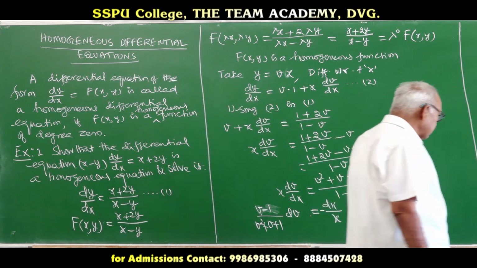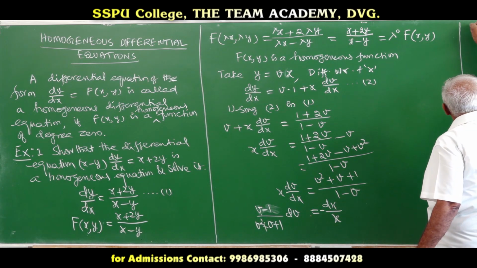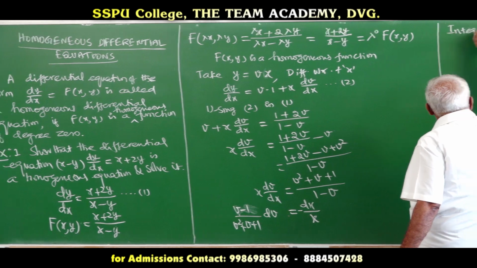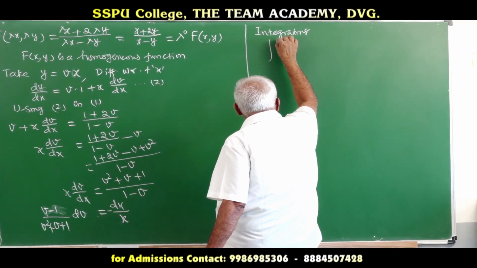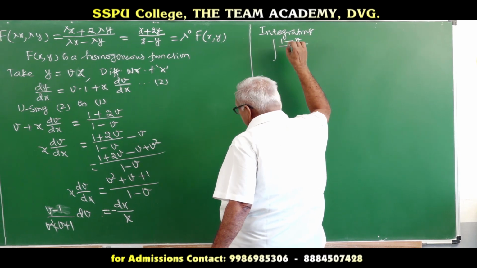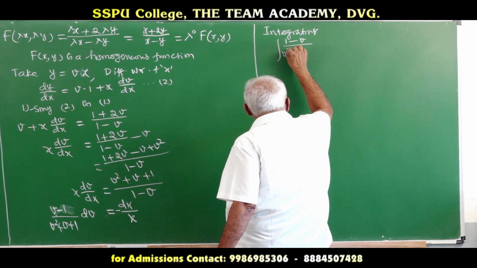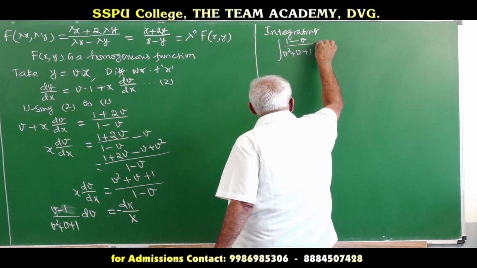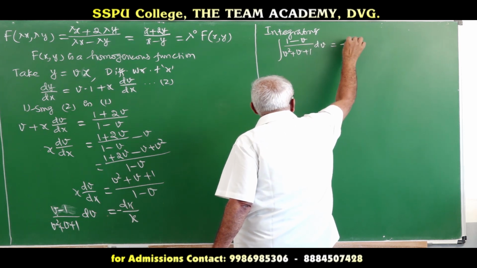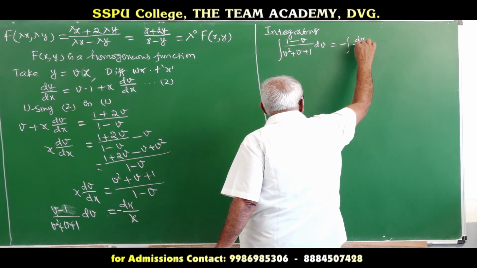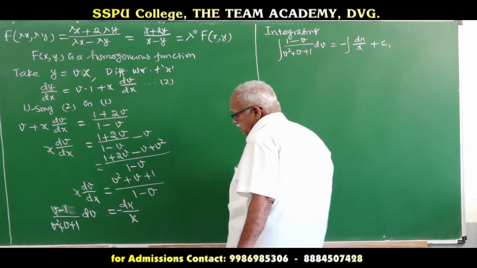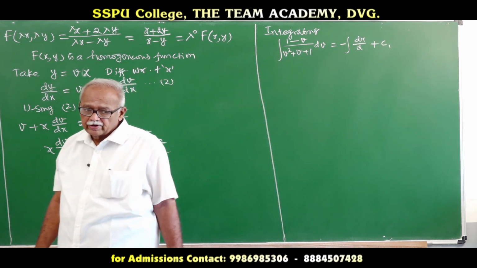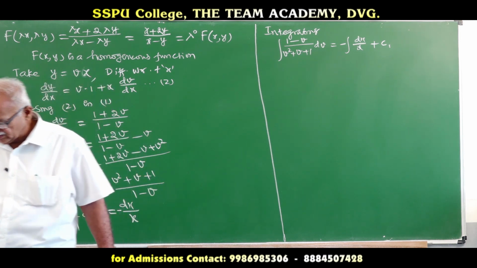How to integrate? Let us see. Integrating, integral of 1 minus v divided by v square plus v plus 1 dv is equal to minus integral of dx by x plus C1, some constant we have taken.